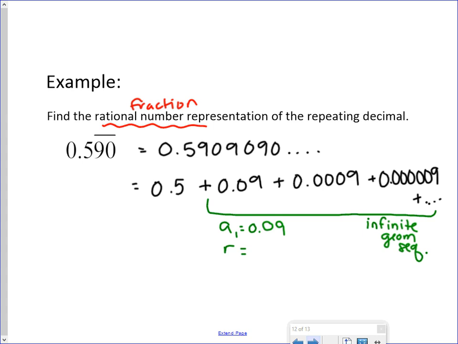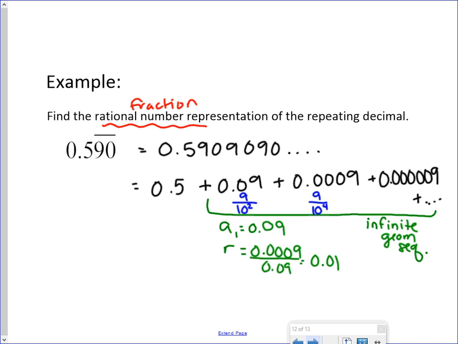You could think about it like the second term divided by the first term, 0.0009 divided by 0.09, and that would be 0.01, which is 1 over 100. Or you could think about this, the way the book will show it. This is 9 over 10 squared because it's in the 100th spot. And then this one is 9 over 10 to the 4th, because it's in the 10,000 spot, so we're multiplying by a 10 squared, or a 1 over 100.